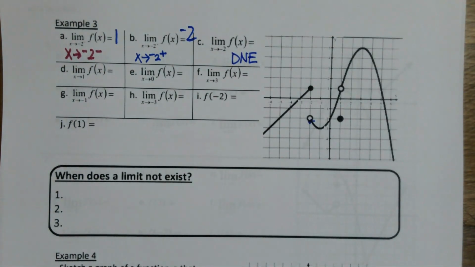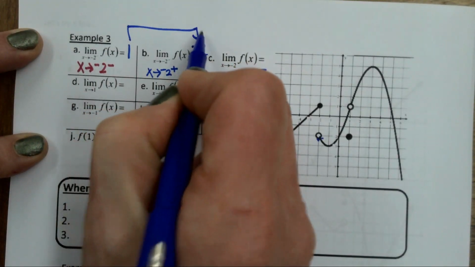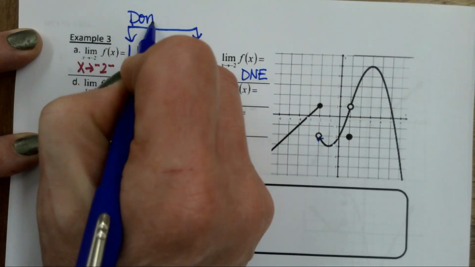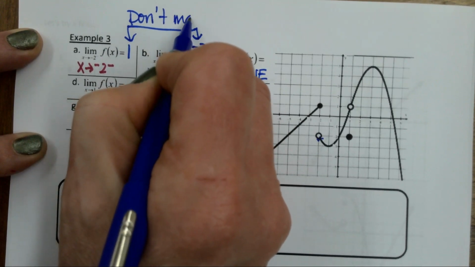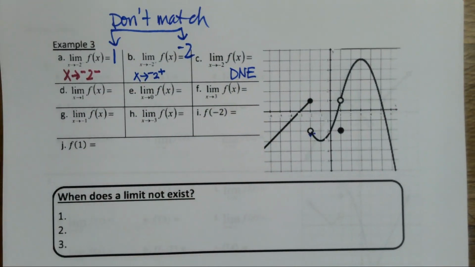It doesn't have a value because these two guys don't match. In order for it to have a limit, I've got to go to the same place on both sides. Again, don't confuse the value with the limit.